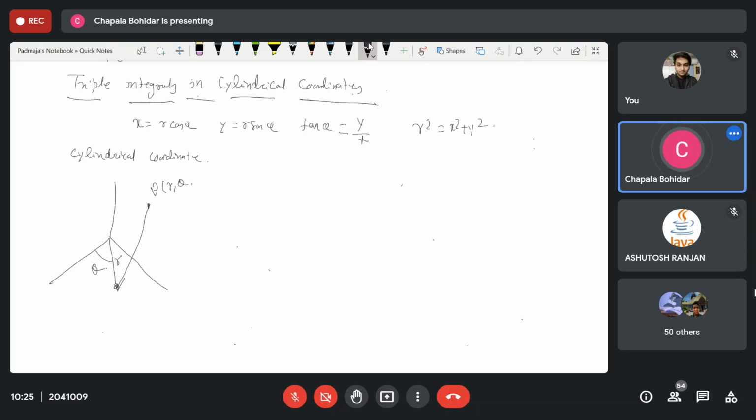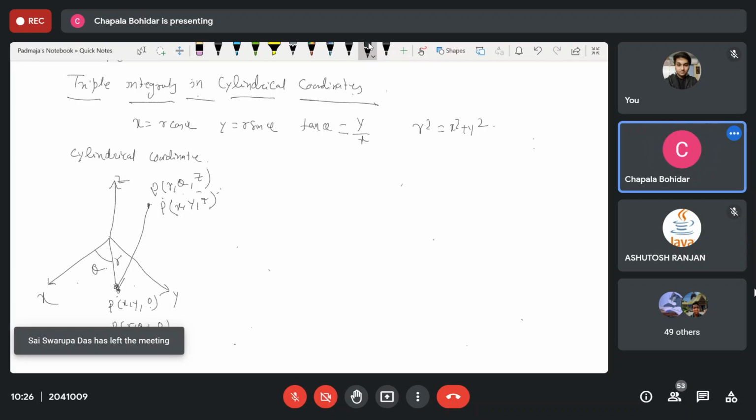So r, theta, z: r, theta for the domain in the xy plane, and z as it is. So it is P of r, theta, z. In rectangular coordinates, we can say it is x, y, z. This point in the plane is P of x, y, 0, and P of r, theta, 0.